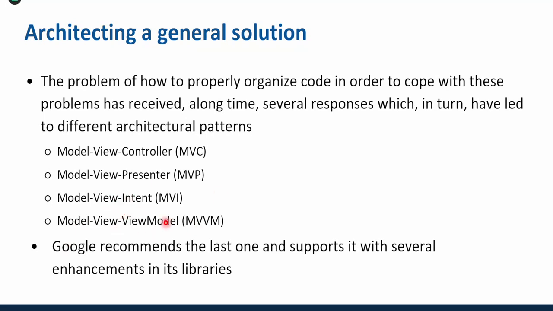Just a quick spoiler, and we will see that in more detail tomorrow. Model view intent is usually better to use when you have a small code base and a very small amount of data to preserve across views, whereas the view model is the most consistent way, the one that you are invited to also use in your project, because it allows you to scale your code more and will be resilient to all the scenarios.